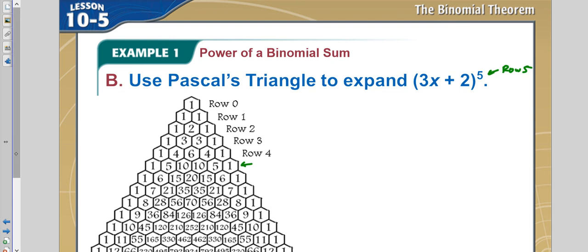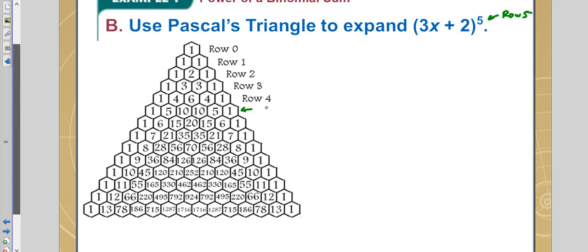Our values are going to be 1 times (3x) to the 5th power, plus then comes a 5, 5 times (3x) to the 4th times our b, which is 2, plus next comes a 10. You treat this as A and this right here as B, is what I'm doing.